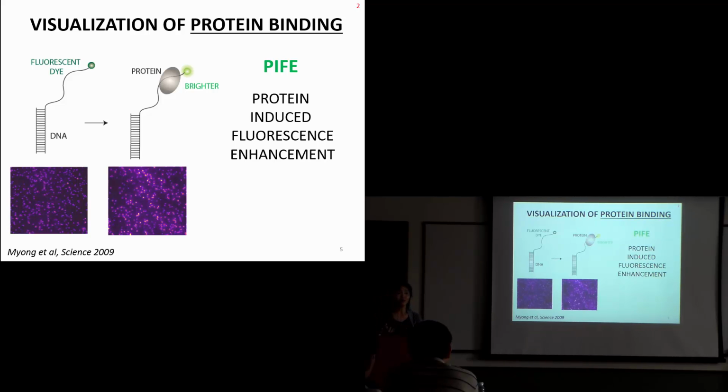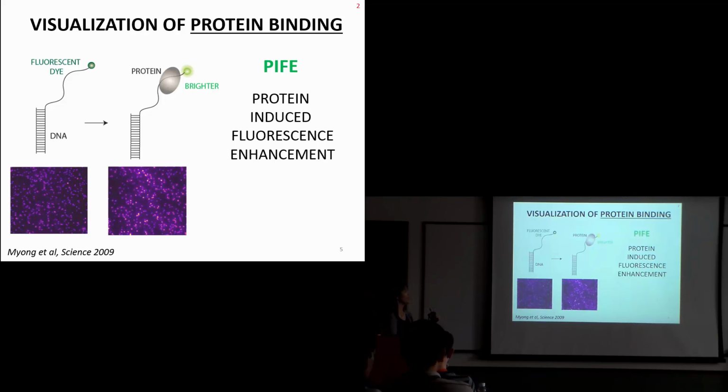If you're wondering how this works, the dyes that work for this, what we call the PIFE assay, are typically Cy3 and Cy5, which are great for this. They have two rings interconnected with carbon-carbon double bonds, and these two rings isomerize.